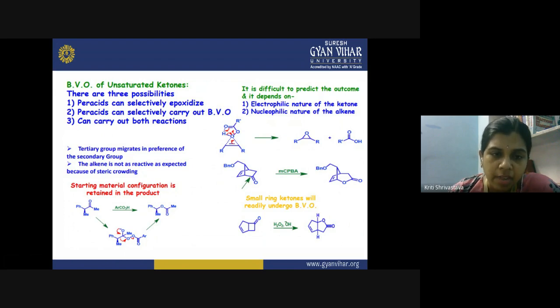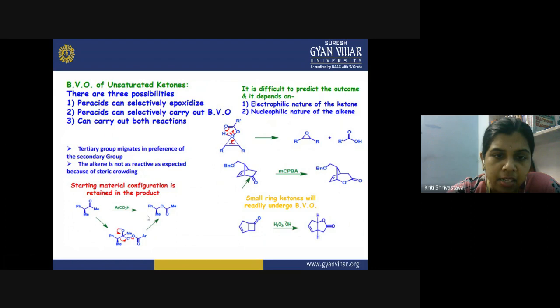The tertiary group migrates in preference to the secondary group, and the alkene is not as reactive as expected because of steric crowding. You can overlook the nucleophilic nature of the alkene because of the steric crowding, but a tertiary group present as an alkyl group in the ketone will definitely migrate in preference to the secondary group. So these are the two key factors.